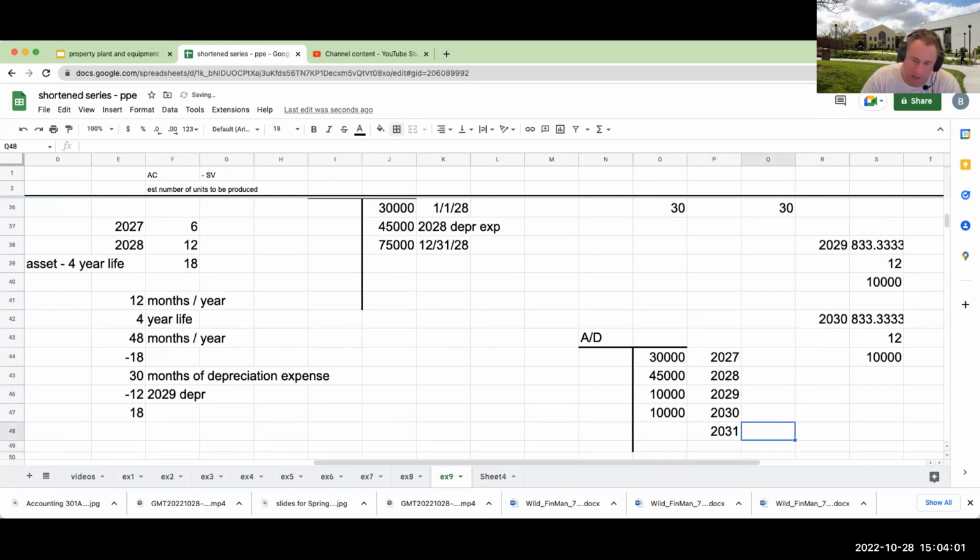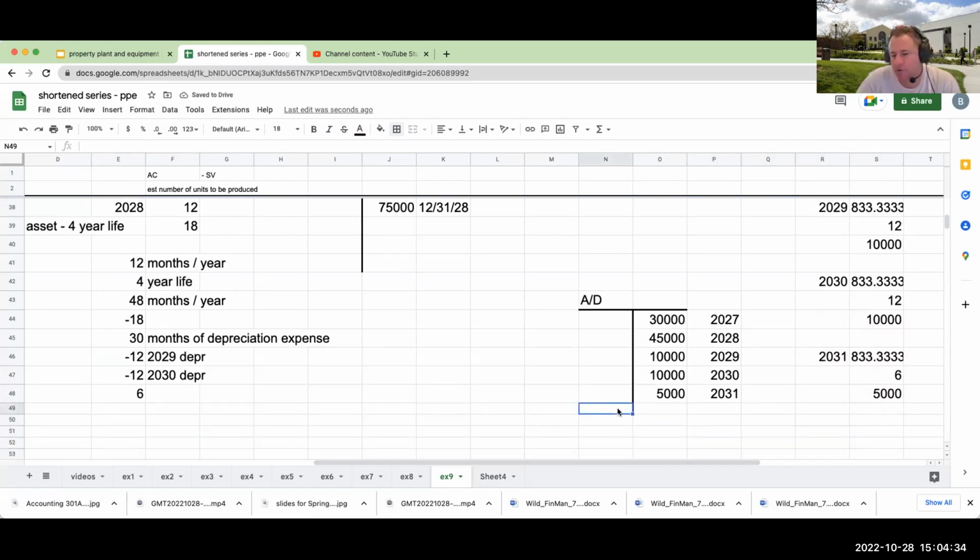For 2031, I've taken 12 months in 2029 and another 12 months during 2030, so I have 6 months left. So in 2031, I've got 833 for 6 months, which is $5,000.